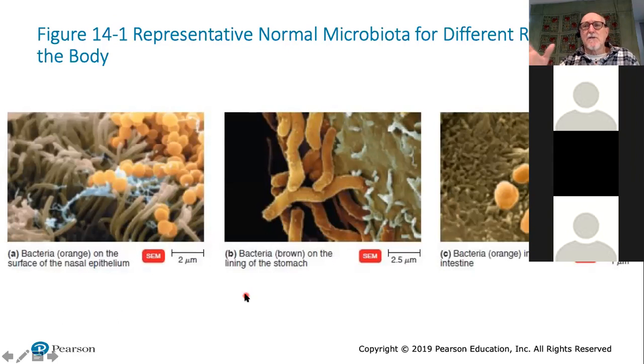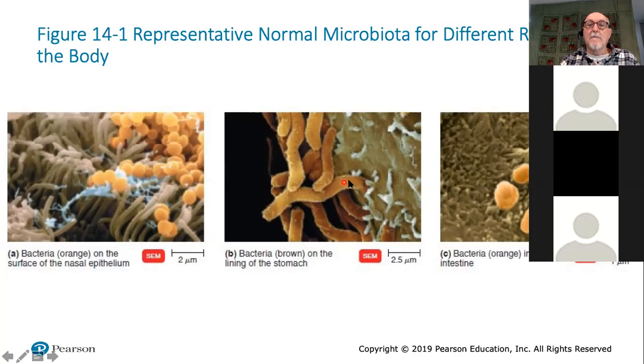So these are just some illustrations from your book of various bacteria, part of the normal microbiota. Here, for example, in the nose, very, very rich in bacteria. These are cocci, and probably they look like streptococci, which are very, very common in nasal passages.